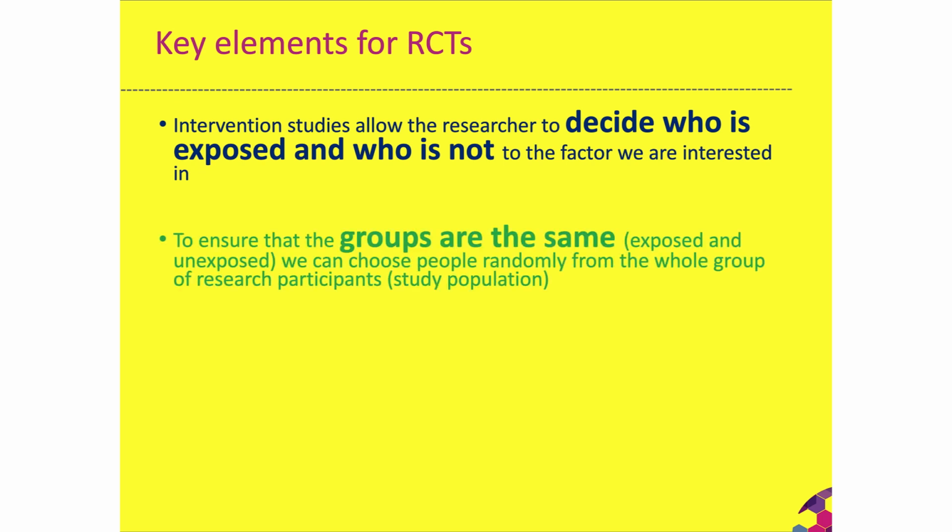And therefore we need to ensure that the two groups, the one that gets the intervention and the one that does not, are similar. And what we then do is we randomly assign people to those two groups from the original study population that we have recruited.